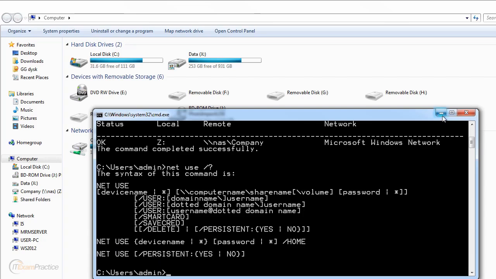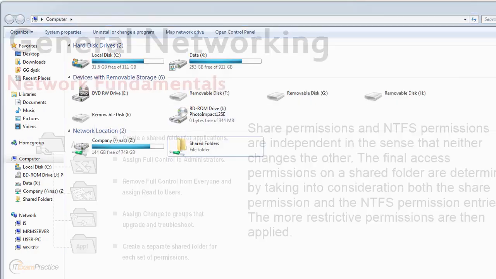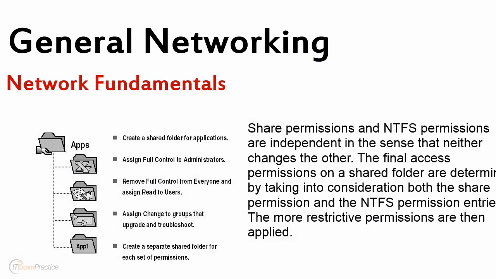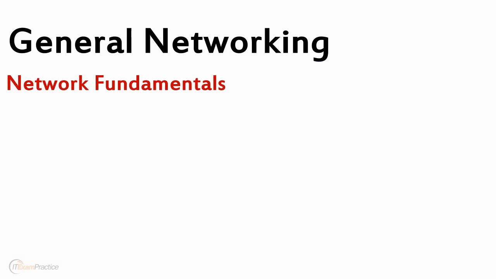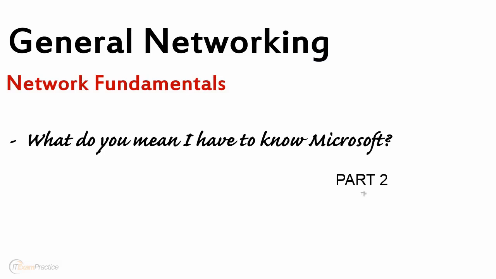That's what I did to get rid of this shared session and everything that was created. In this video we talked about permissions. I showed you how to share a folder in Windows and how to fix an issue.